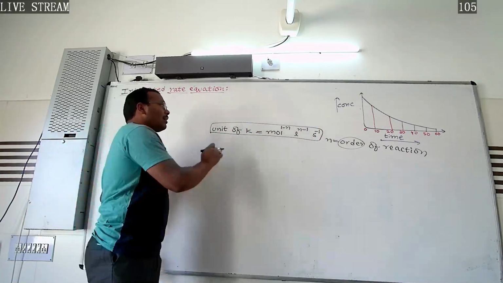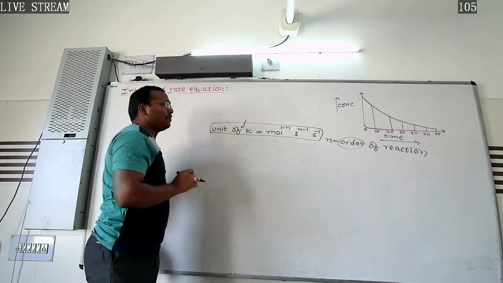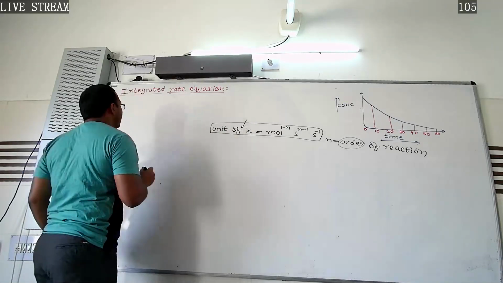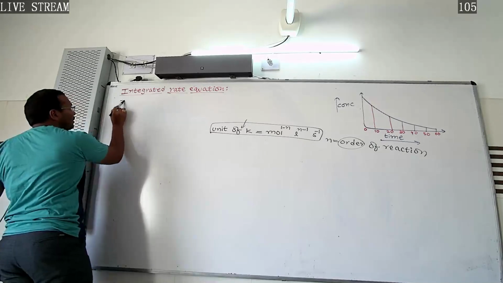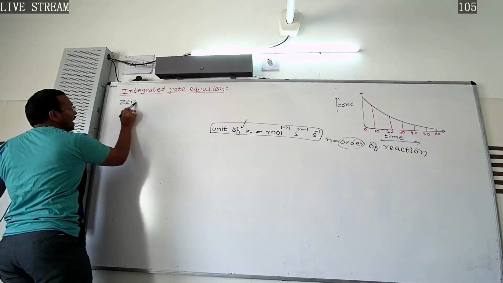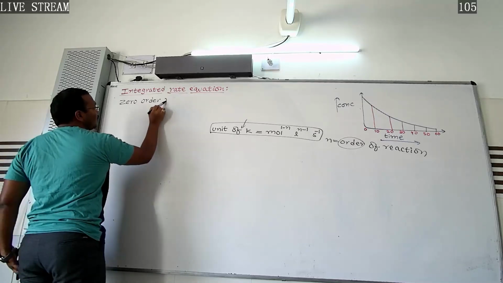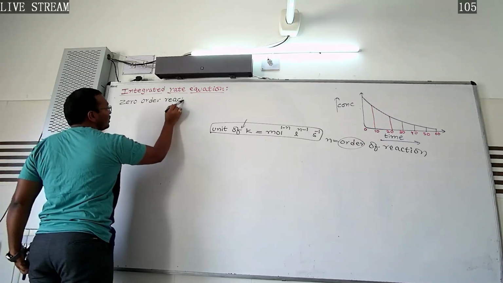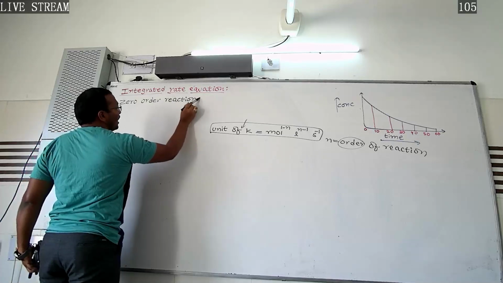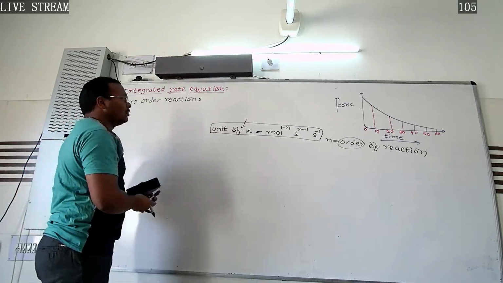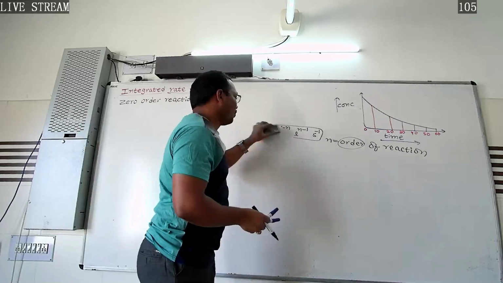That's why the value of K changes for different orders. So first one, it is zero order reaction. We have to find the rate constant for zero order reaction. So this is our topic now.